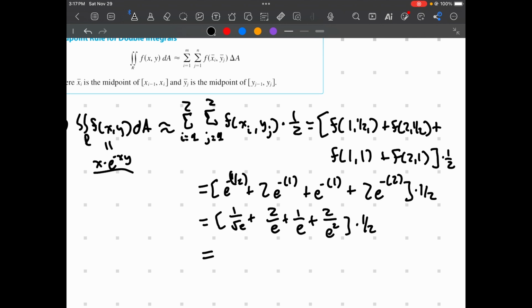Now this can be simplified to e to the 3/2 plus 3e plus 2 over 2e squared, which is also equal to 0.990. And that is our answer for part A.